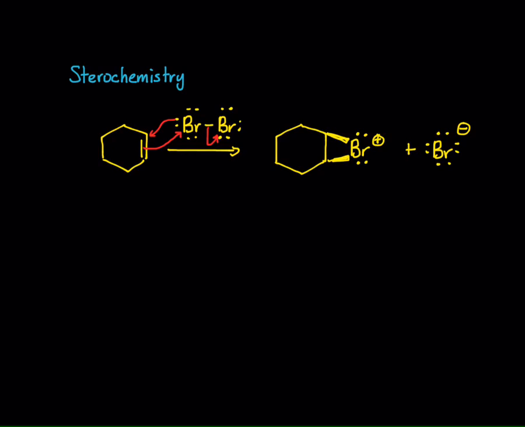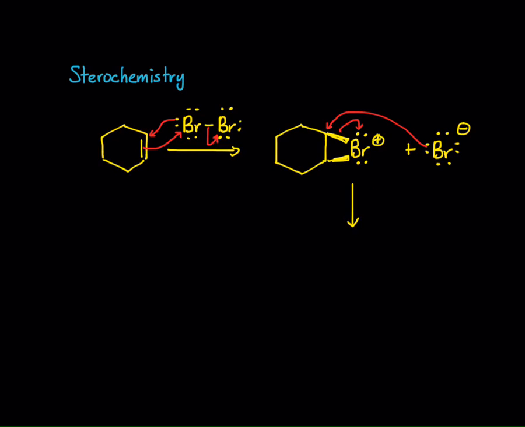And that's not what happens at all. So I know that the mechanism has to be that my bromonium ion forms, the bromide then attacks the bromonium ion, and it attacks in an SN2 manner.